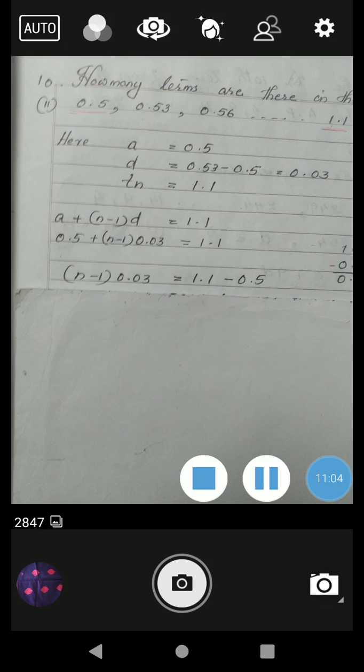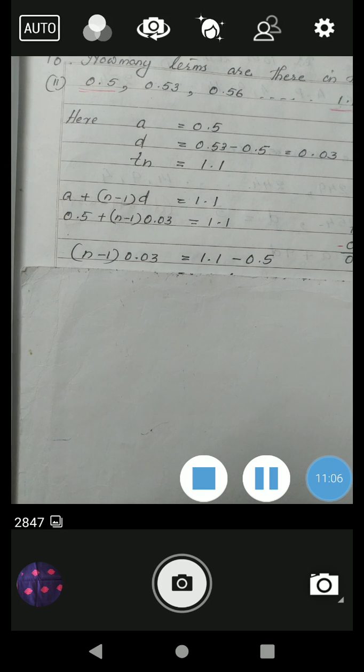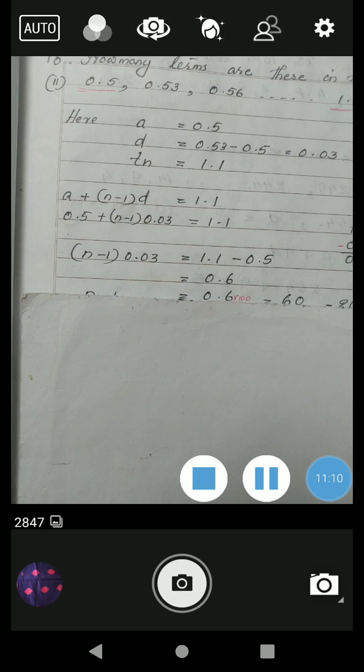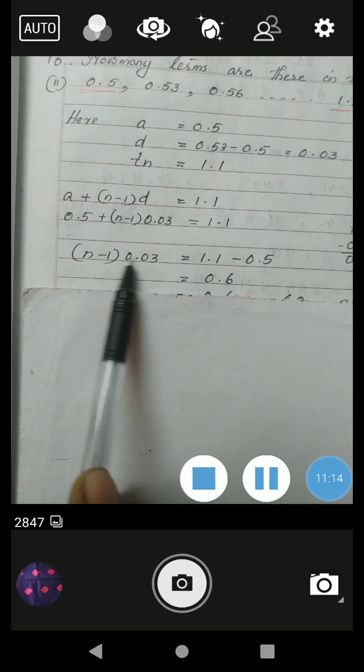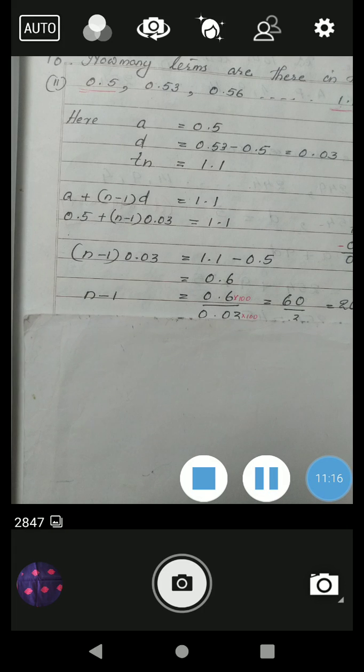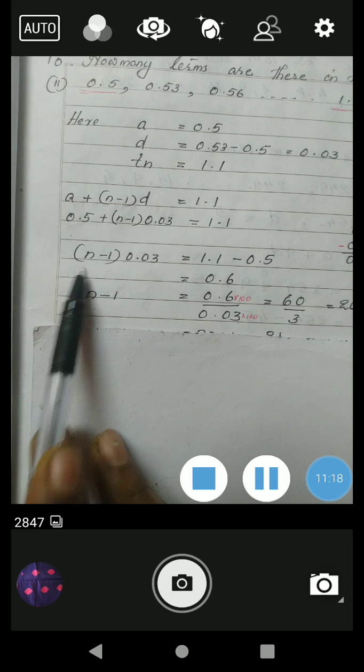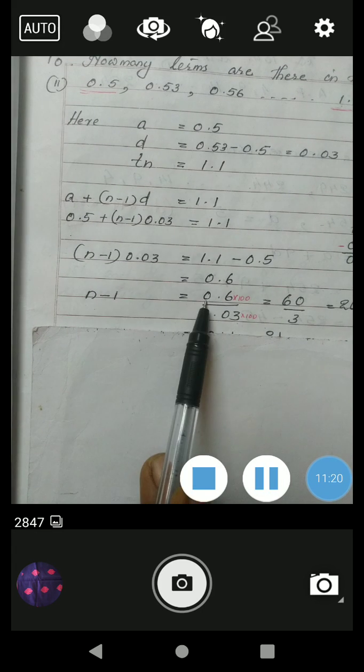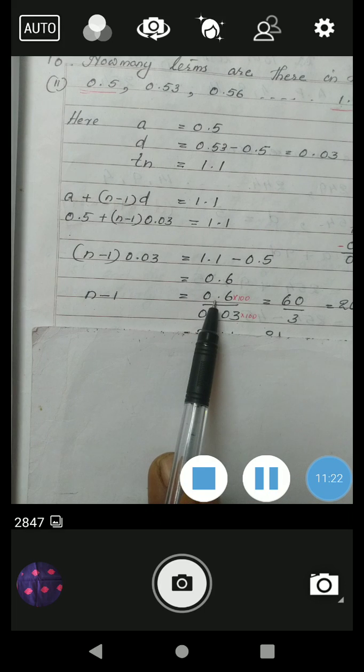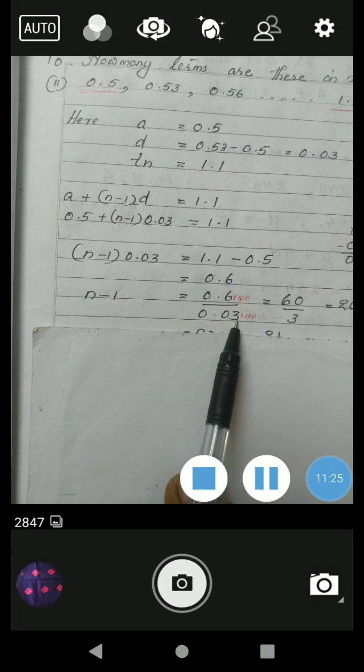Simplify. N minus 1 into 0.03 is equal to 1.1 minus 0.5. That is 0.6. So, transpose 0.03 to the other side. That is n minus 1 is equal to 0.6 by 0.03.